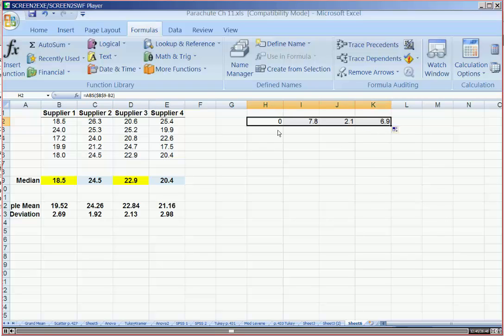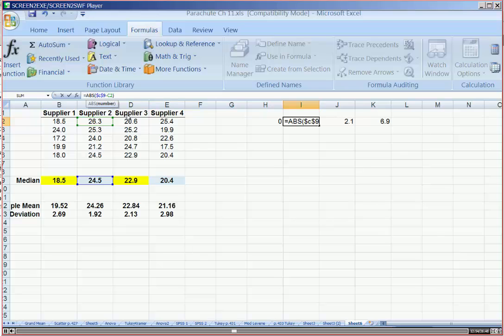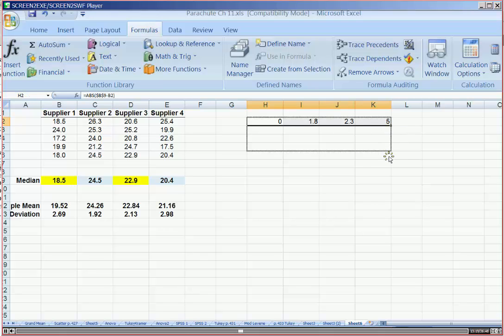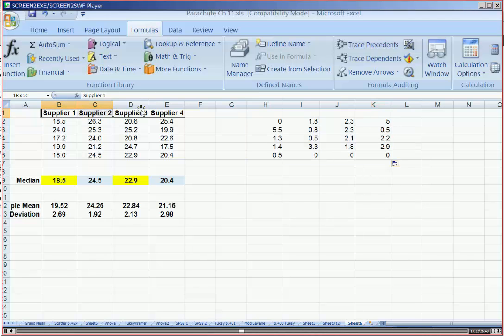So we have, this should be C, G, and E. Okay, we'll do it for our 5 measurements and copy the column headings.